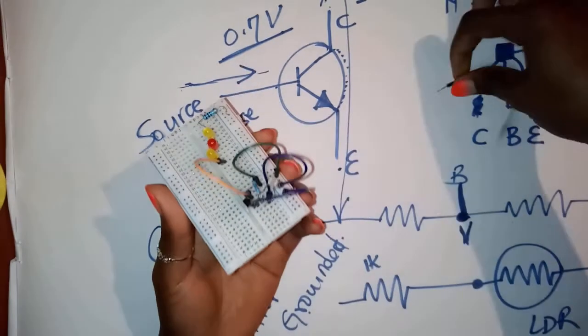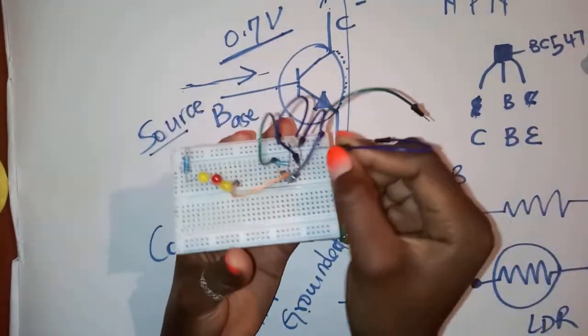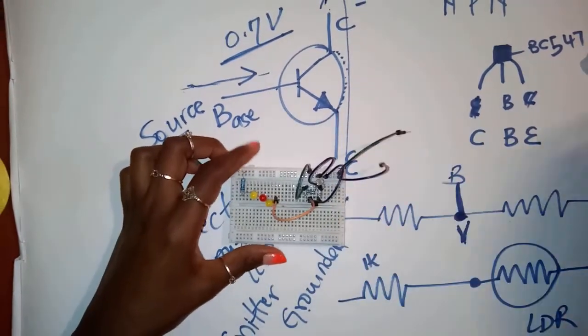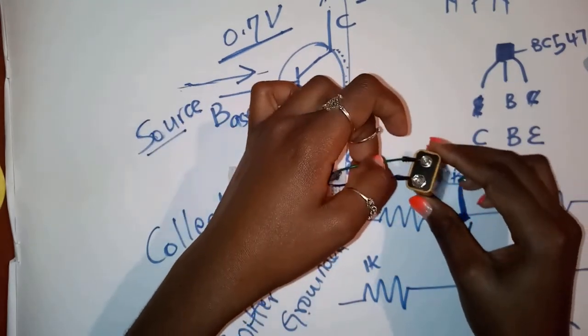Okay, then we have the positive rail, connect that, and the negative rail, connect that. And then we have our source here.